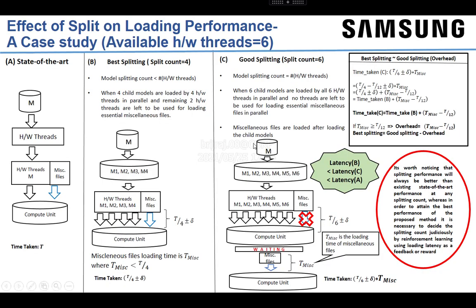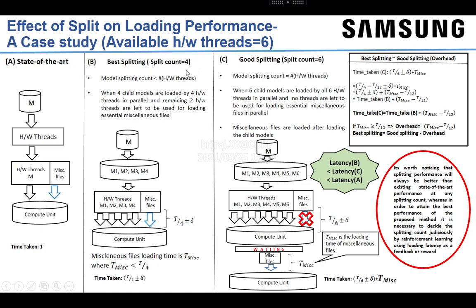So let's get down and see what the best case here is. The existing case says we have hardware threads and one model, and it takes time t for loading. There could be 2 cases: if we have 6 hardware threads, we could have 4 splits or we could have 6 splits.